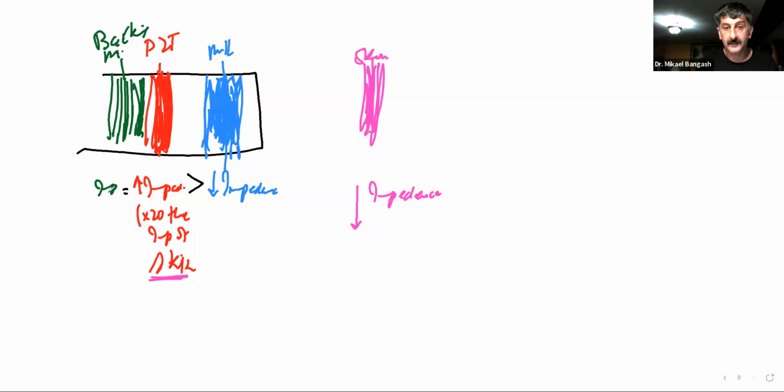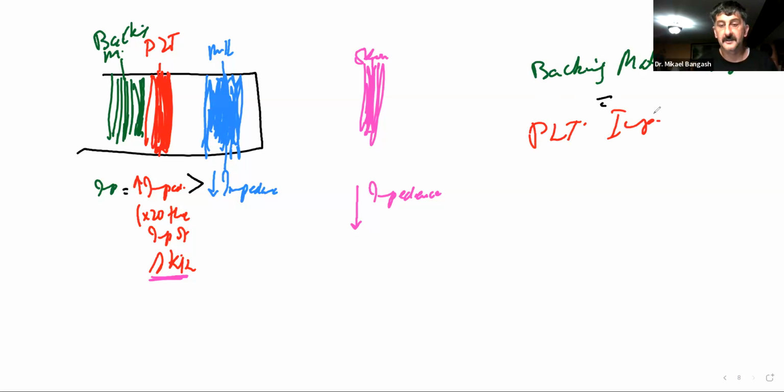So we can say that the backing material's impedance is going to be equal to the piezoelectric material's impedance. And what was that? In both cases, that was going to be 20 times the impedance of skin.